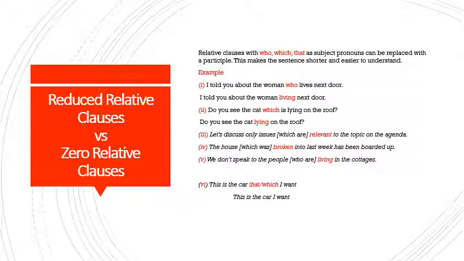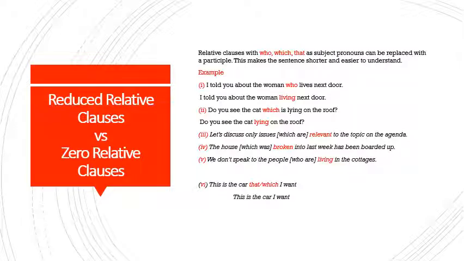So, what do you notice in these sentences? What is common among them? Yes, the relative pronouns are all in subject position. However, some have the verb be and others don't, but it is possible to drop the relative pronoun in all of these sentences, which will result in a verbless clause.